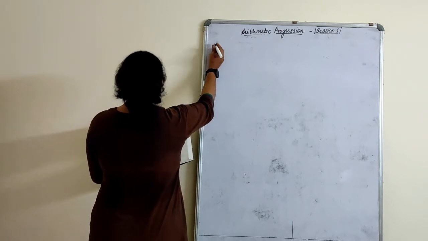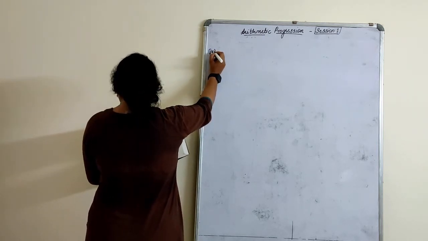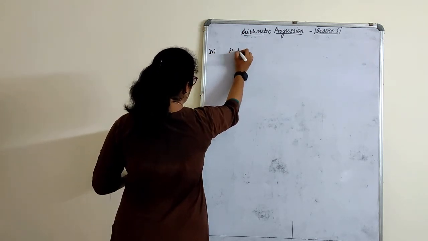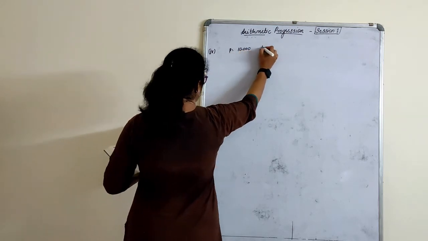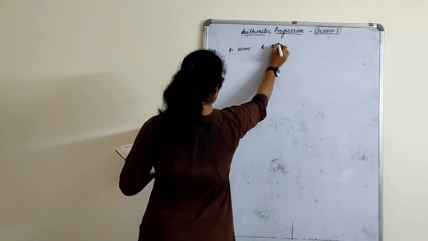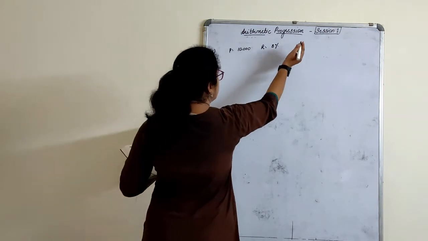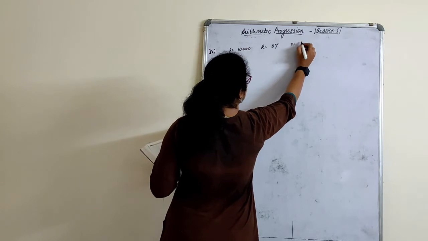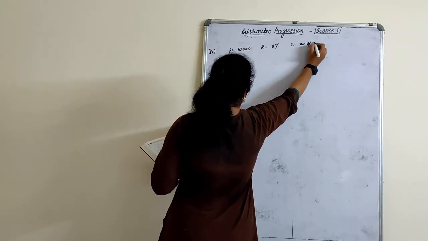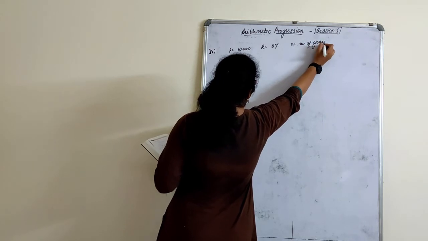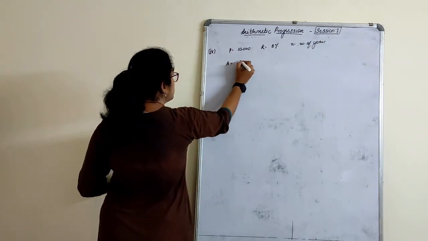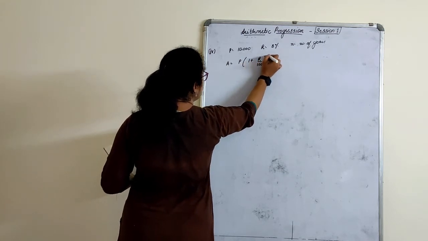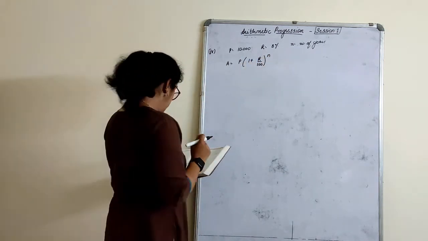So for the first part, we simply write the formula. Principal is 10,000, rate of interest is 8%, and N is the number of years. Per year we have to calculate. Amount is equal to principal times 1 plus R by 100 raised to N. This is the formula you should apply.